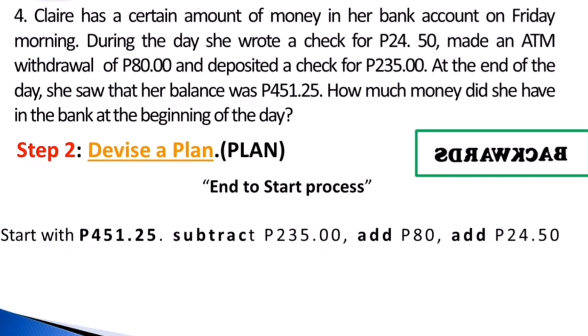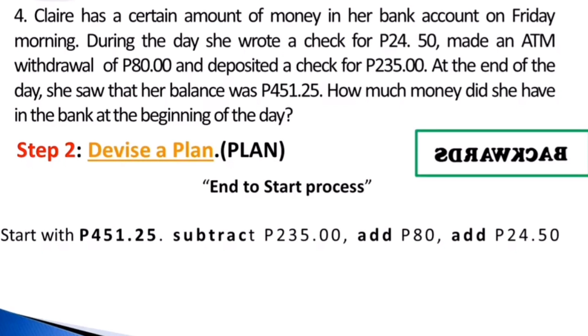Now here, in reality you're going to get the money from your bank, which is 80 pesos, but in backward you're going to add it. So it's a total opposition to the given action when it comes to the operation to be used.